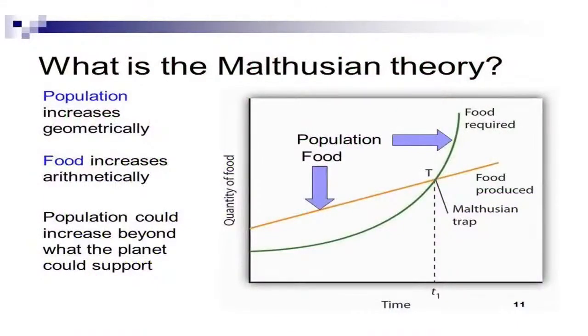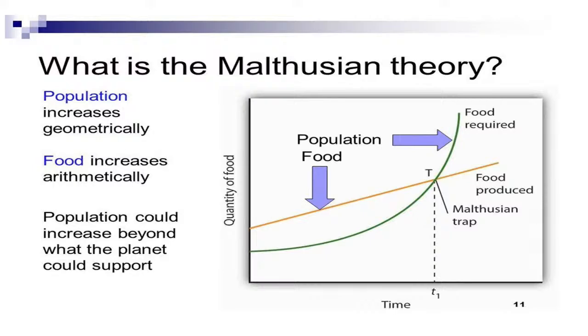So, in that graph, it says that if we continue to produce food in the normal traditional way, while the population is increasing so fast, what happens? There is scarcity of food, there are more mouths to feed than the food production, and then it causes what we call a Malthusian trap.